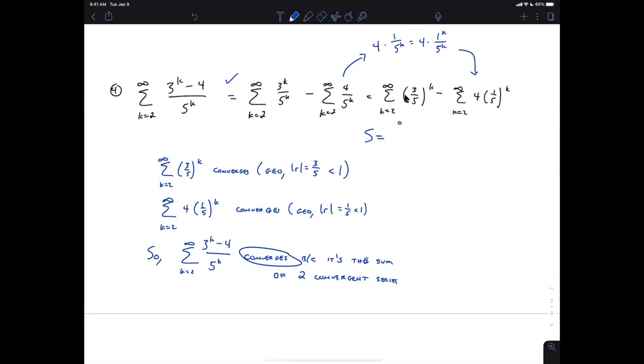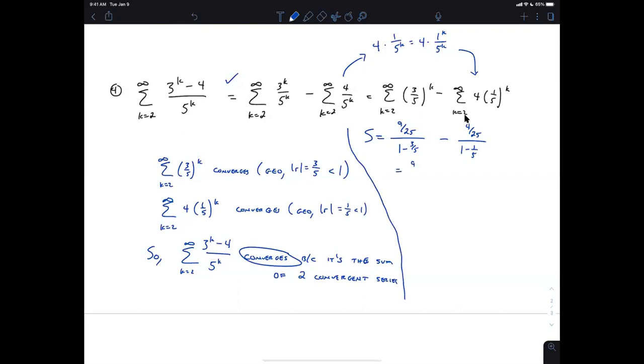So it's 9 over 25 over 1 minus 3/5. I'm getting 9 over 25 by plugging this 2 in here. And then it's minus 4 over 25 over 1 minus 1/5. And I'm getting that by plugging the 2 into the second series there.